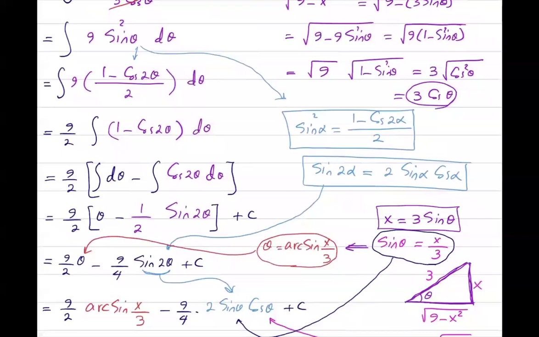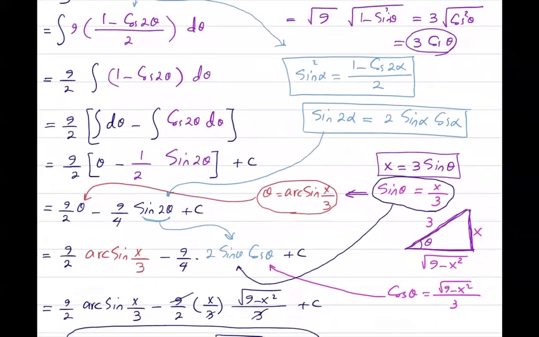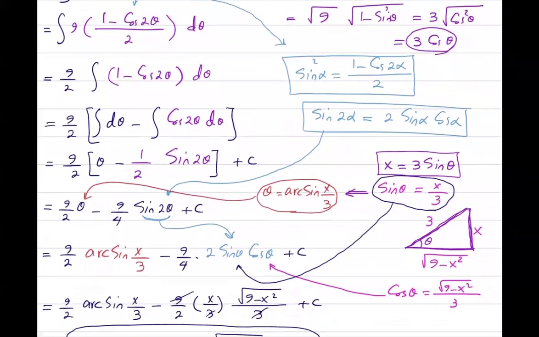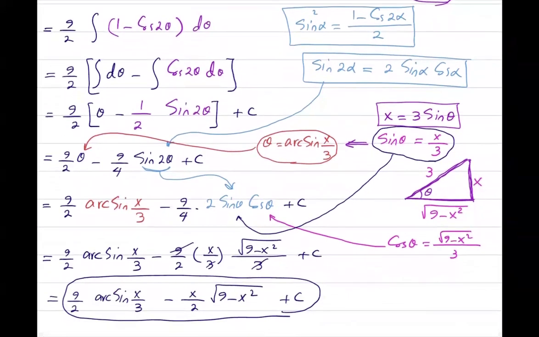Because when we break down sine 2 theta into 2 sine theta cosine theta, we need cosine theta. So cosine theta, which is square root of 9 minus x squared divided by 3, can be substituted here. And then your x, which was 3 sine theta, gave us sine theta equals x divided by 3, so theta is the inverse sine of x over 3. We substitute everything, and here we have the solution in x.